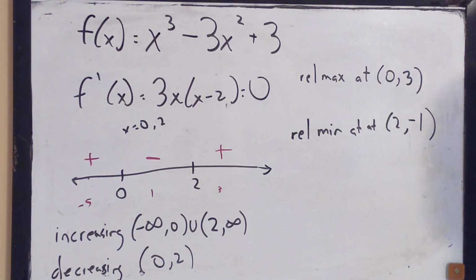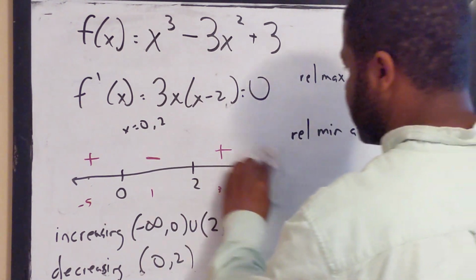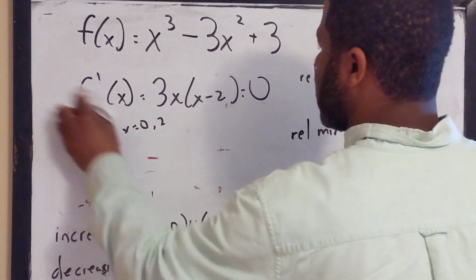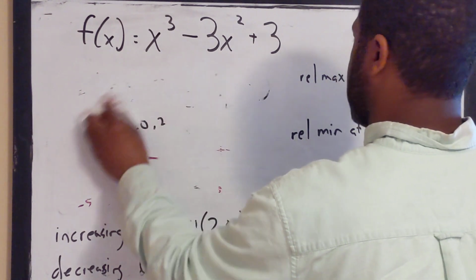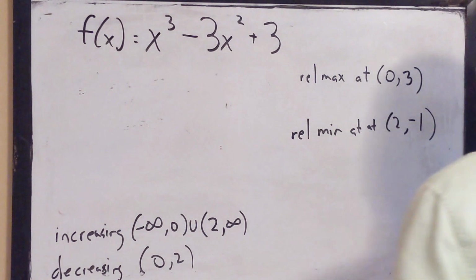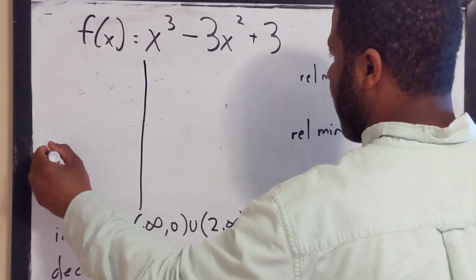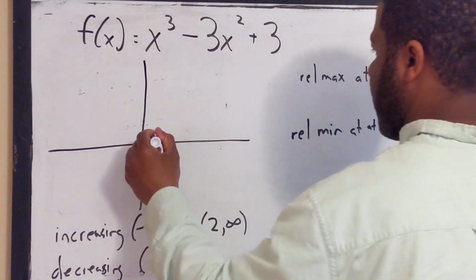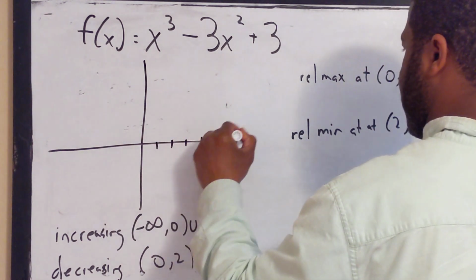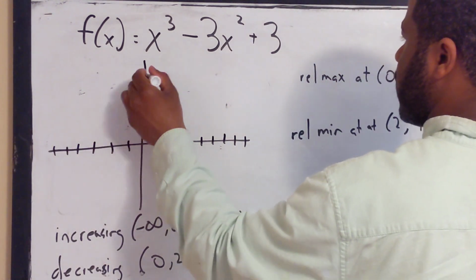Now, how does that look? I'm going to have to erase this for space. I'm going to make a small graph. Okay, 1, 2, 3.